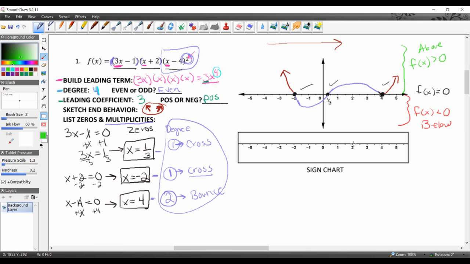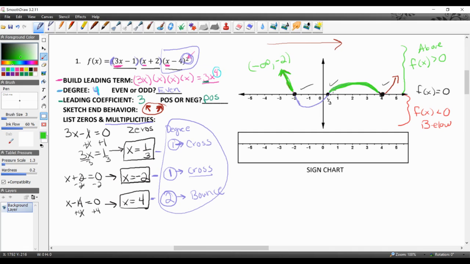Okay, so if I kind of color code accordingly, it looks like this piece right here is above. So this piece right here would be negative infinity all the way to -2 if we're thinking about the domain. Okay, this piece is also above. We're going to need this in just a bit. That's why I'm doing it right now.